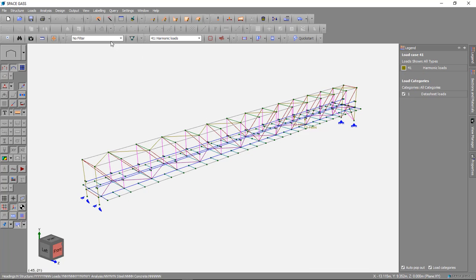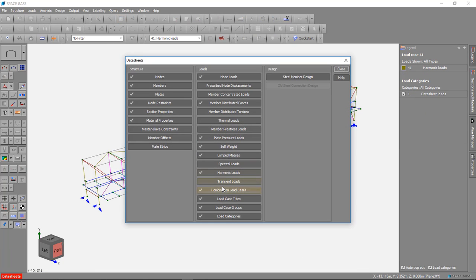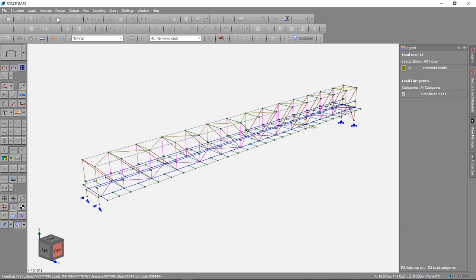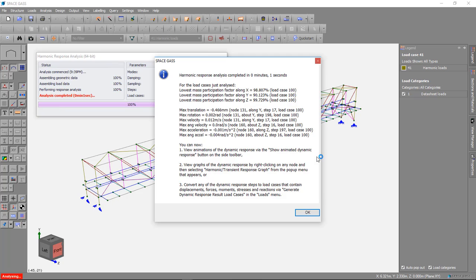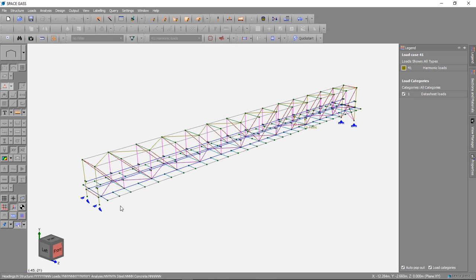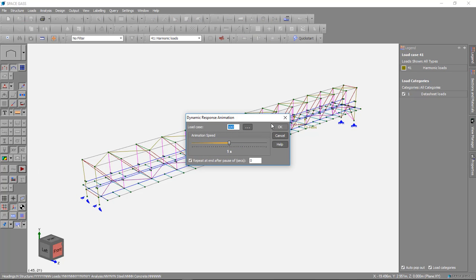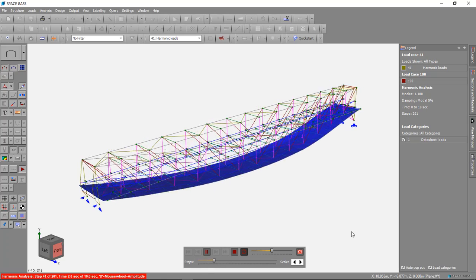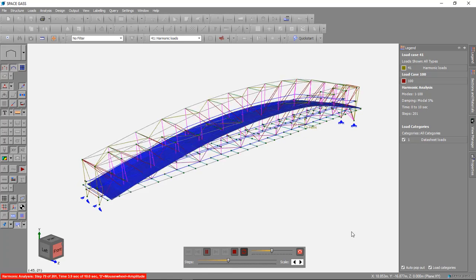So let's try it with out of phase by 90 degrees instead of 180. So different motion again, a bit more like a wave motion now.